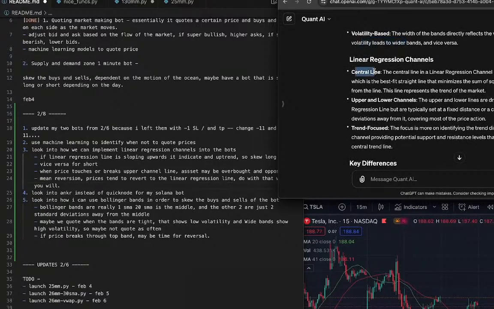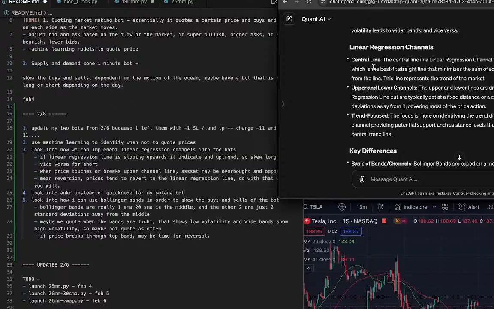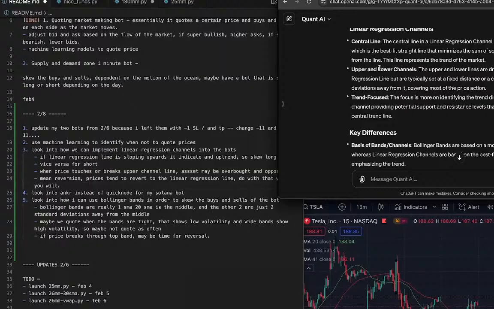Linear regression channels, central line. The central line in a linear regression channel is the linear regression line, which is the best fit straight line that minimizes the sum of squared deviations of the price from the line. This line represents the trend of the market.